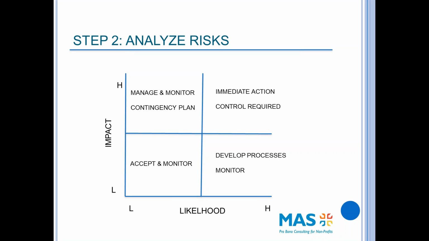Something like a pandemic. You may judge it's low likelihood that it will happen, but you might be required to or want to have a contingency plan. Succession planning might be a good example too. If you were to lose a key management position, you might think it's not very likely, but it would have a big impact on the organization, so you want to think about what plans to have in place.